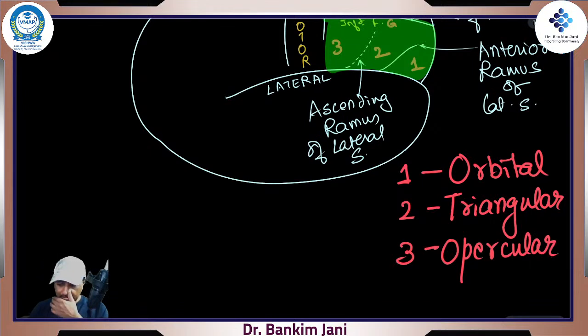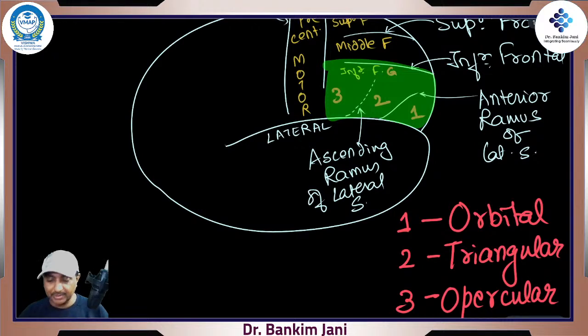So the orbital, triangular, and opercular gyri are combined to form the inferior frontal gyrus. Above it is restricted by the inferior frontal sulcus, and below by the lateral sulcus, right? I'm talking about this part and this part.